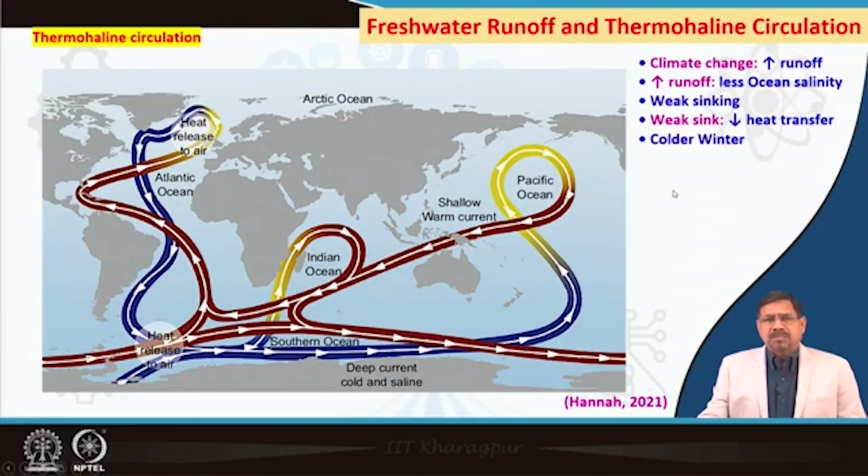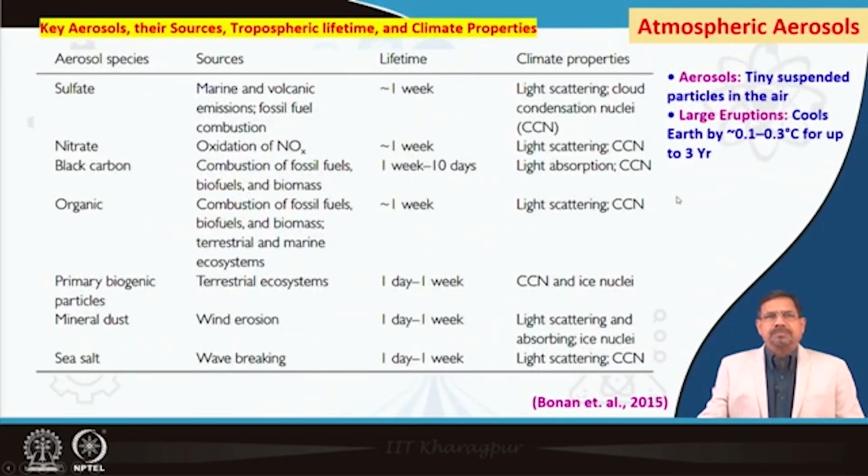So, this broadly explains the transfer of heat and the salinity gradient or salinity variation because of this circulation. So, freshwater runoff, which is mostly coming from the terrestrial landmass through the estuary or through the seas, and the thermohaline circulation, they explain the circulation component and thereby the climate change mechanisms.